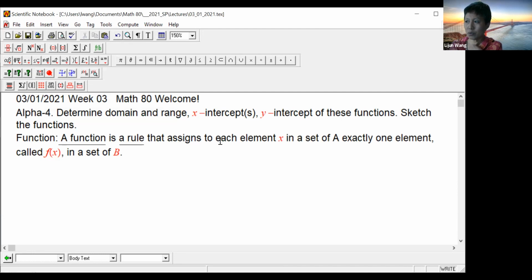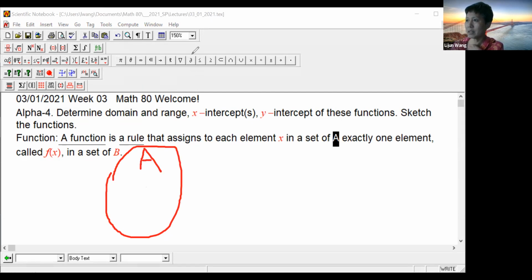Okay. This rule will assign each element in the set of A. So the common picture you see is that you have a set of A. This is A. Okay.